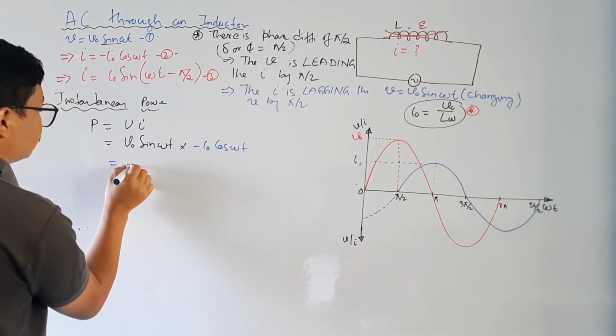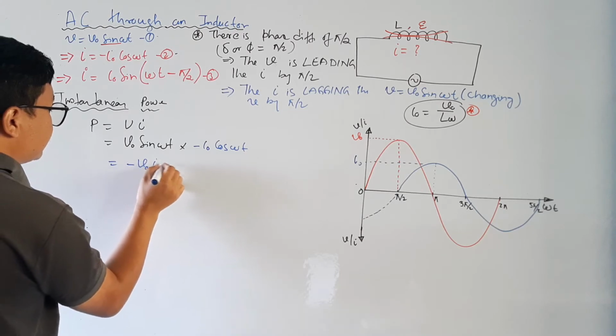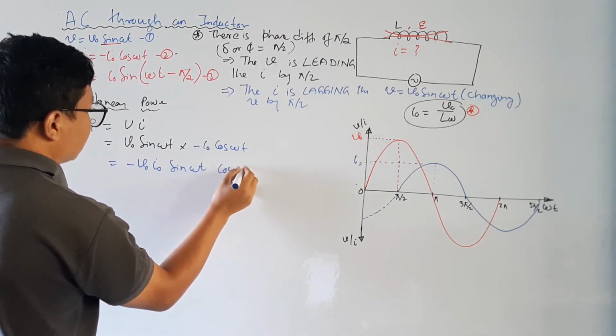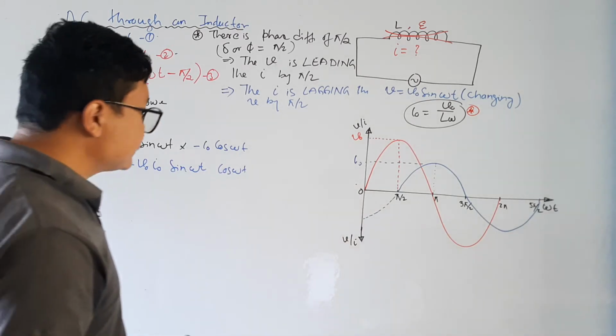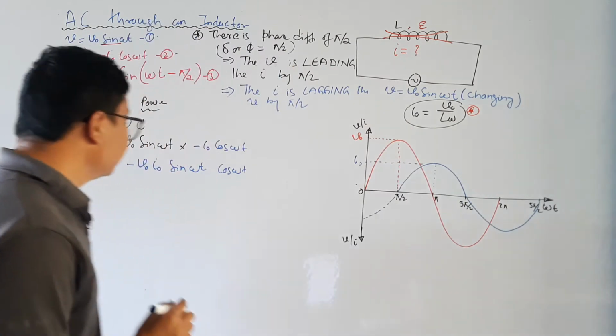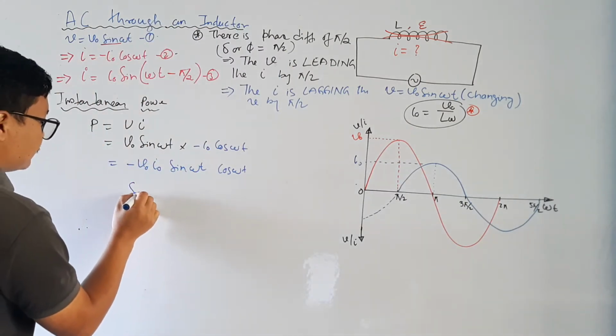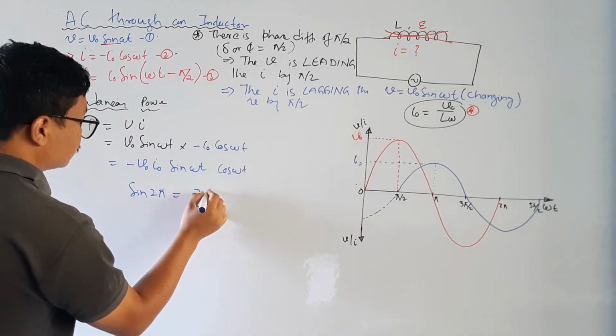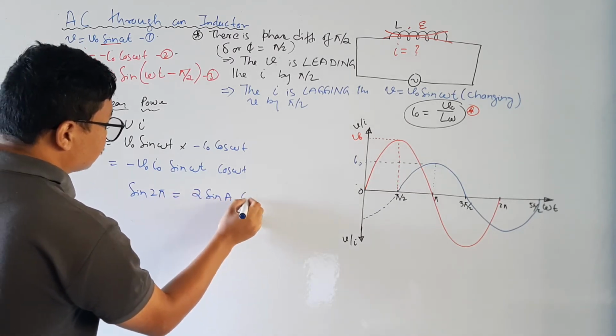If I solve it, this will become minus V0 I0 sine omega t cos omega t. Let us use an identity to solve this further. The identity is sine 2a is equal to 2 sine a cos a.